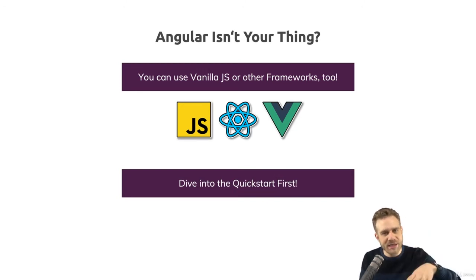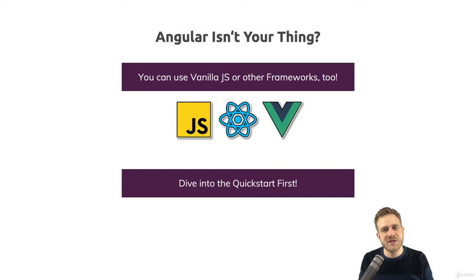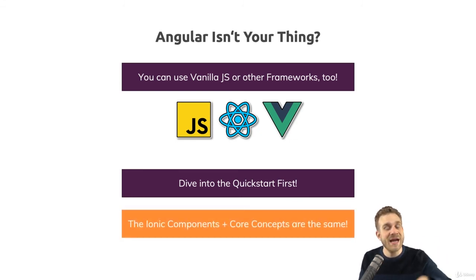In case you want to go that route and you don't want to refund the course, which is nice, of course, you should go through the quick start parts, the first sections of this course, to learn how Ionic works, and you will then still be able to use that knowledge with these other frameworks, even though some things will differ there, but you will know which things differ by the end of these first sections, because the Ionic components you use and the way you use them will be the same. And speaking of that, it's time to get our hands dirty and start using some Ionic components.